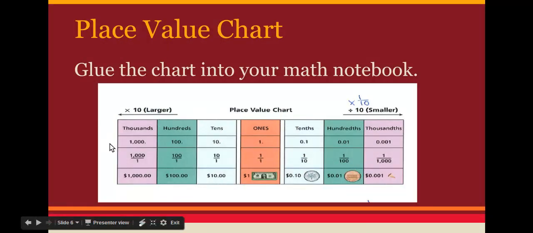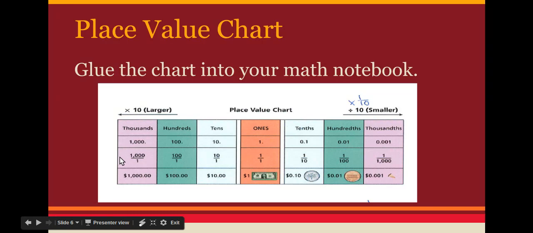The second row of our chart shows what the decimal numbers look like. Thousands would be this number 1,000, 100, 10, and 1. Written in decimal form, tenths looks like 0.1, hundredths looks like 0.01, and thousandths looks like 0.001. These decimal numbers are equivalent to fractions because both fractions and decimals are parts of numbers.